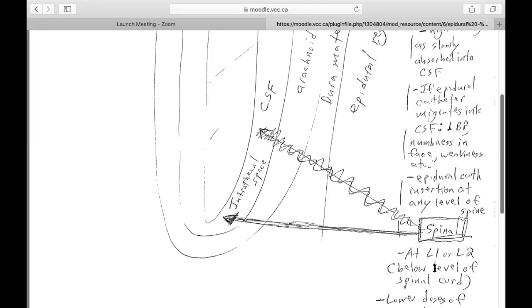So it's injected at L1 or L2, so you can expect to see a little Band-Aid when they come back from the OR at around L1 or L2, and that's where they've stuck the needle in, gone into the intrathecal space, and given a one-time injection of anesthetic, typically a mix of anesthetic and narcotic.